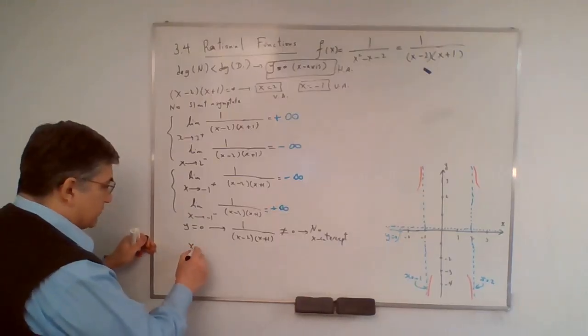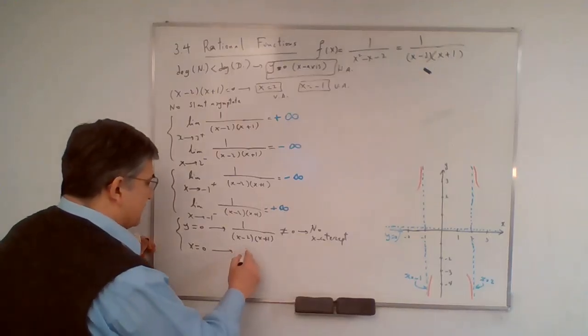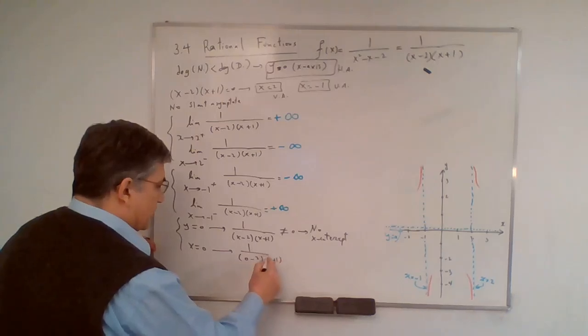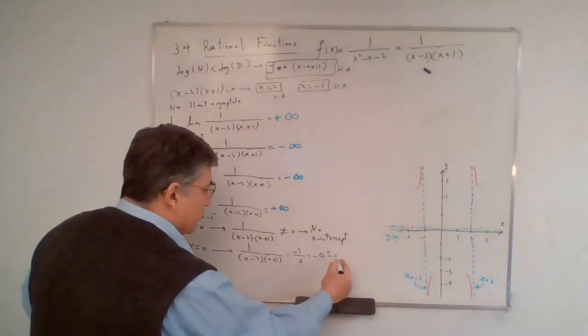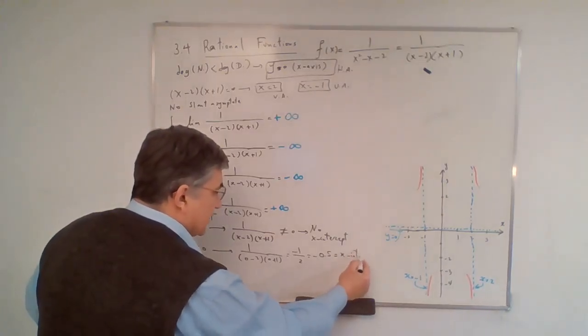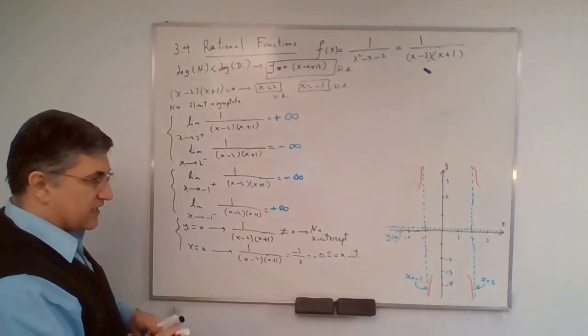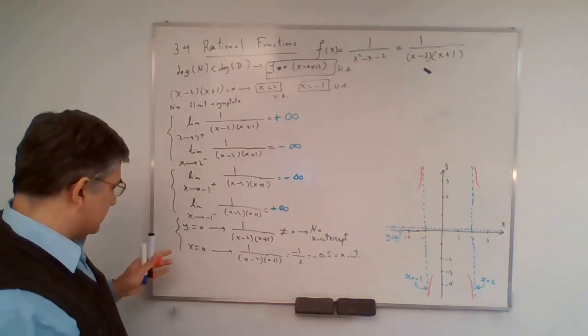But if you set x equal to 0 to find the y-intercept this time, then you end up with 1 over 0 minus 2, and then 0 plus 1, and that gives you -1/2 or -0.5, which is actually your x-intercept. So this means that the graph must intersect the x-axis at -0.5. Am I right?